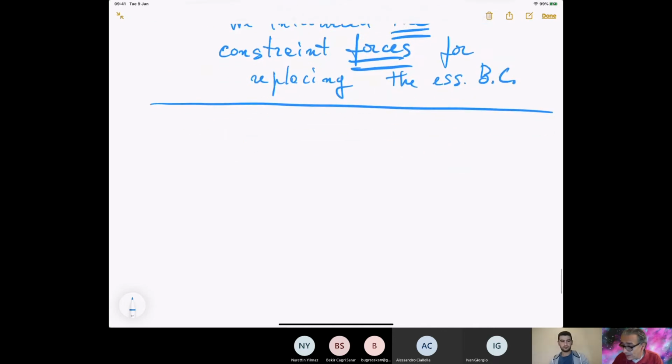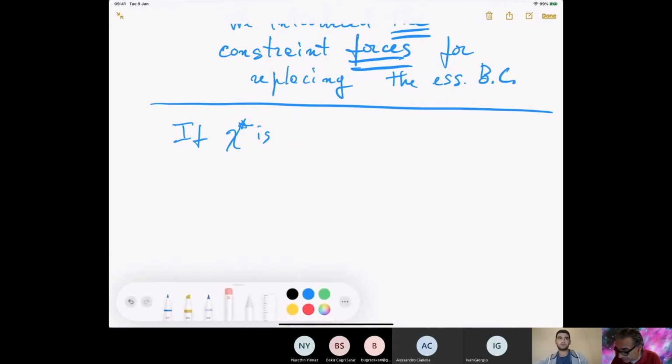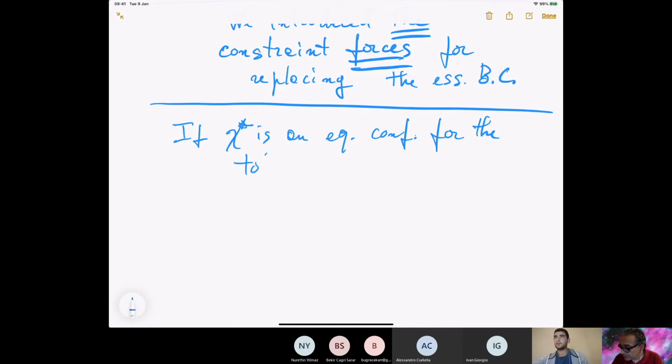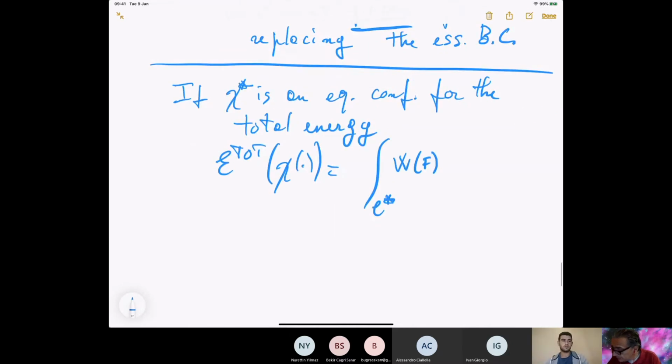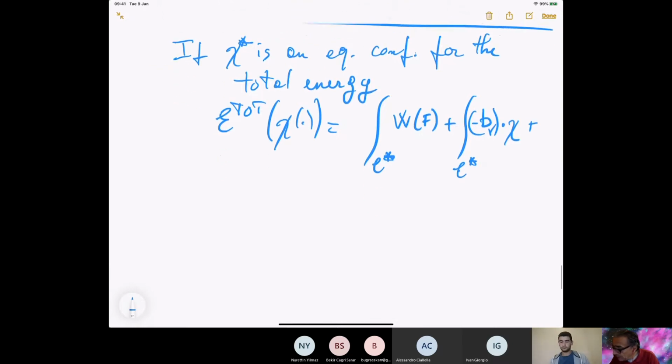So I remind you what we said yesterday. If chi star is the equilibrium configuration for the total energy given by this, so we include dead loads in volume and dead loads on the surface.